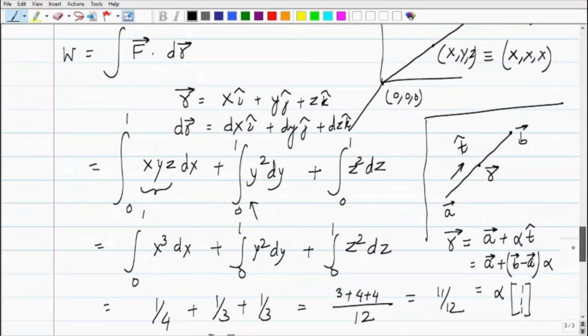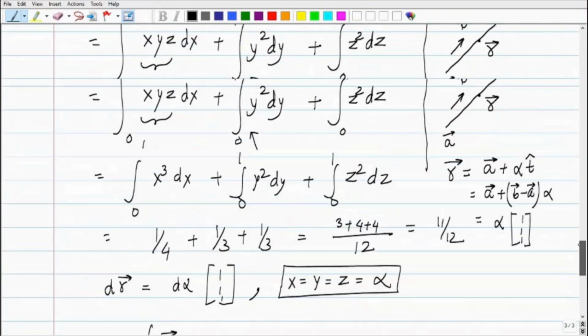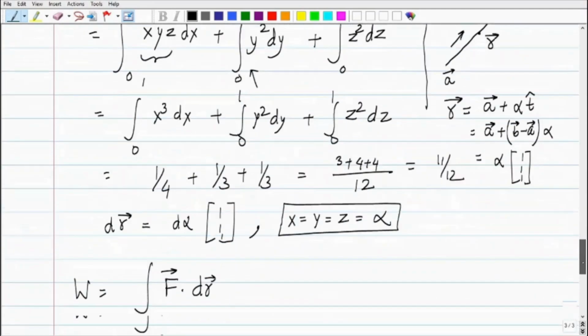So if we go back to our definition for work done, which is simply F dot dr, in this case we can write everything in terms of alpha. So F, as per the formula, is xyz i plus y squared j plus z squared k.